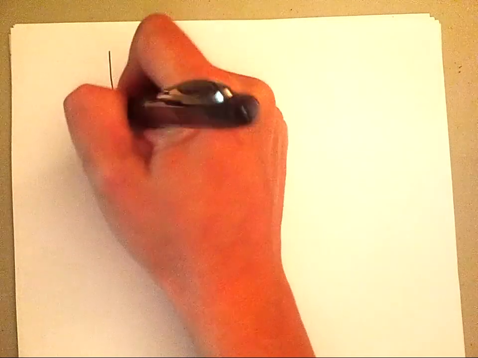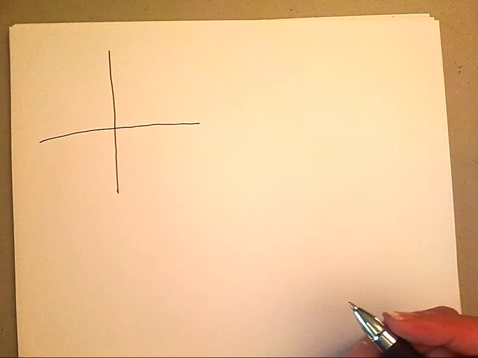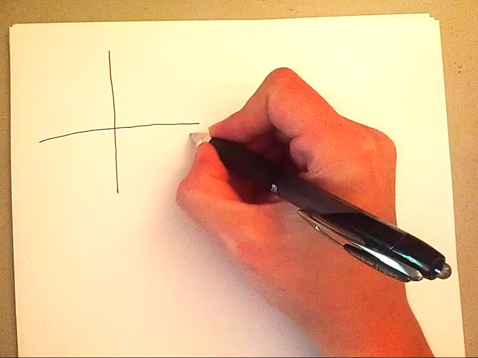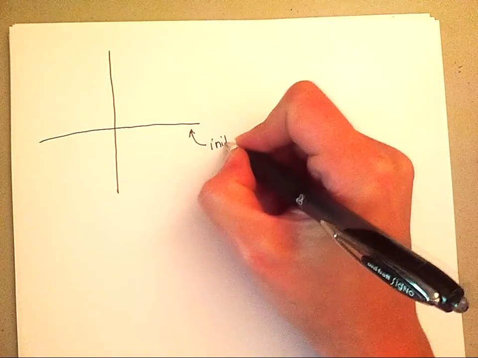Now we can also put angles in the Cartesian plane, so in our XY plane. When we do that, the x-axis here is going to be the initial side.